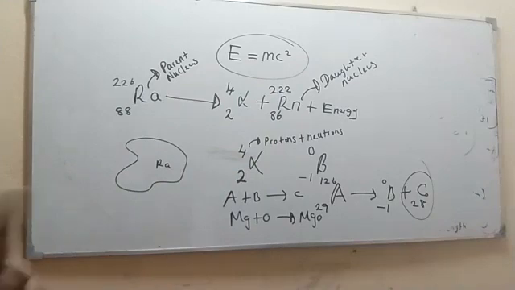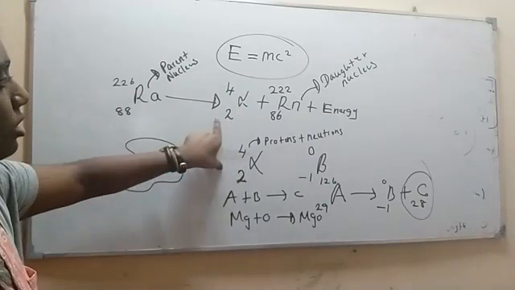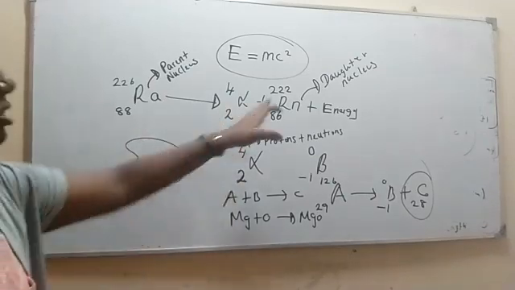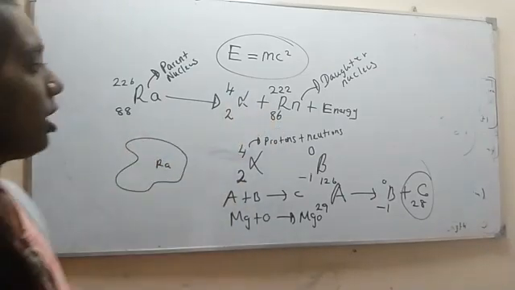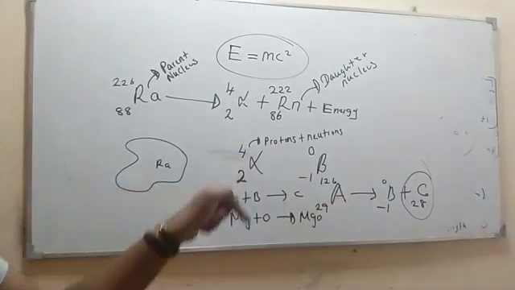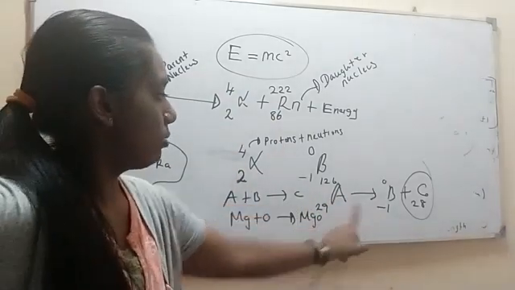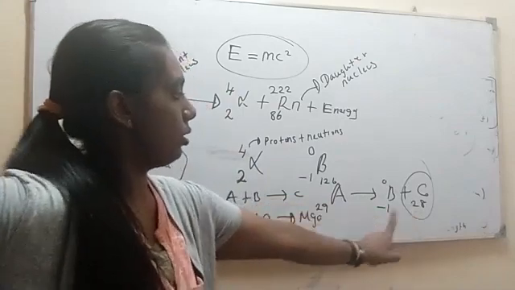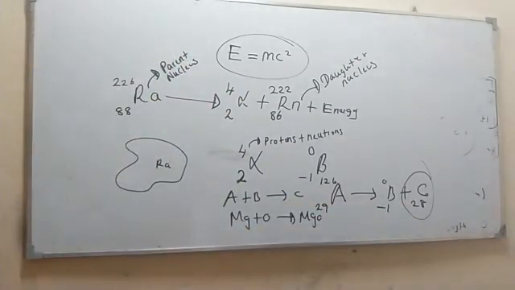Now, you know sodium and magnesium in the periodic table; how do you differentiate them? We have assigned atomic numbers. So if alpha goes out, the proton number decreases by 2, meaning a new element forms. Similarly, when beta goes out, what happens? Minus 1. This is 29, this is 28. Minus 1 means 28, so the proton number is changing.